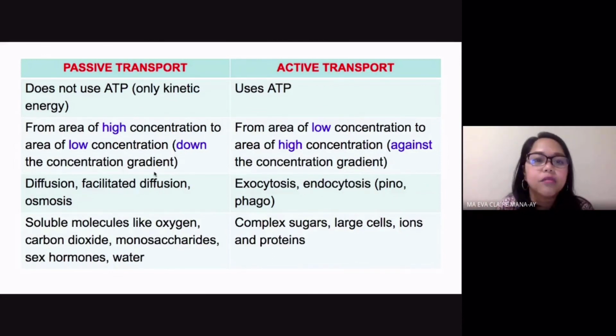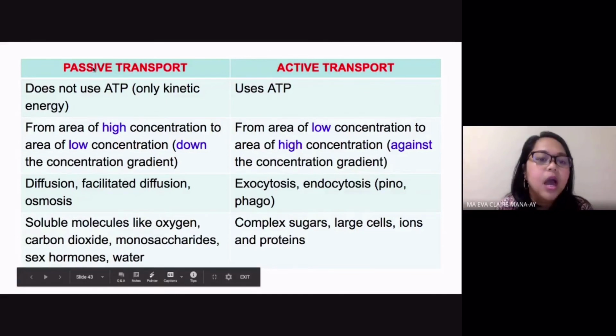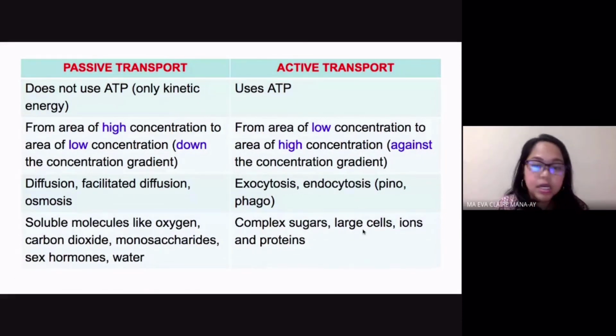For passive transport, there are soluble molecules like oxygen, carbon dioxide, monosaccharides or simple sugars, sex hormones, and water. For your active transport, you have complex sugars, large cells, ions, and proteins. Again, these are the differences between passive transport and active transport.